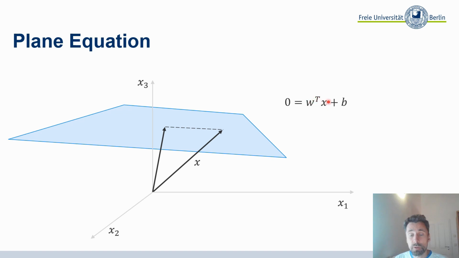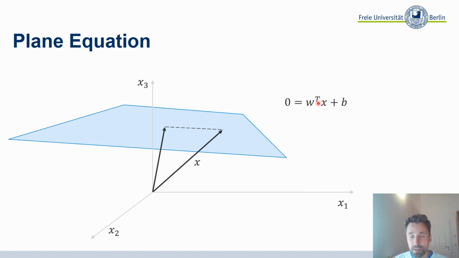So W transpose X is the dot product to every X on this plane. And let's disregard for now what B is. This needs to be the same for all the X on the plane. And what is W transpose X?